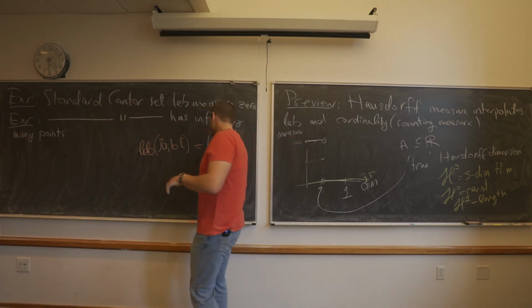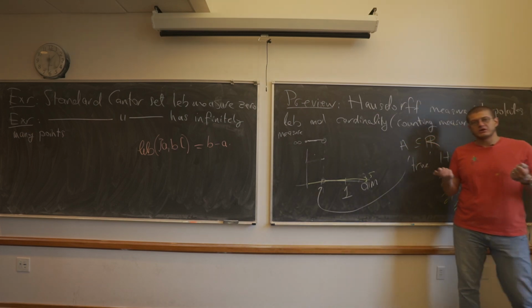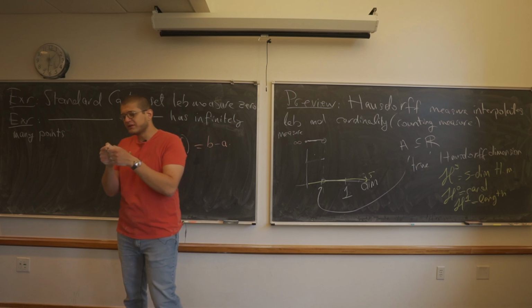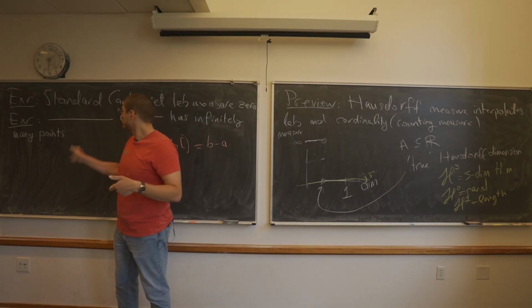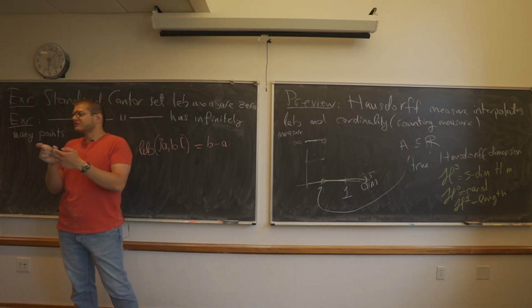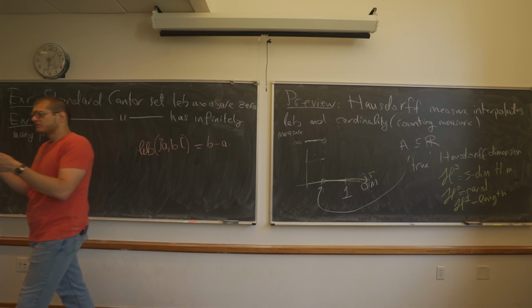The point is that you want to think about dimension in terms of power laws. If I take an interval inside [0, 1] that intersects with the Cantor set, and you start growing that interval, you want to figure out how many more points you're getting inside the Cantor set. That's my power law.